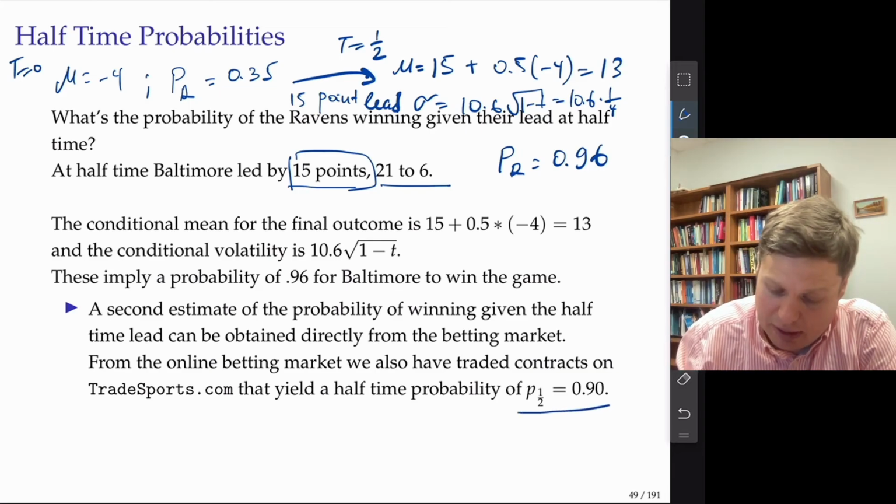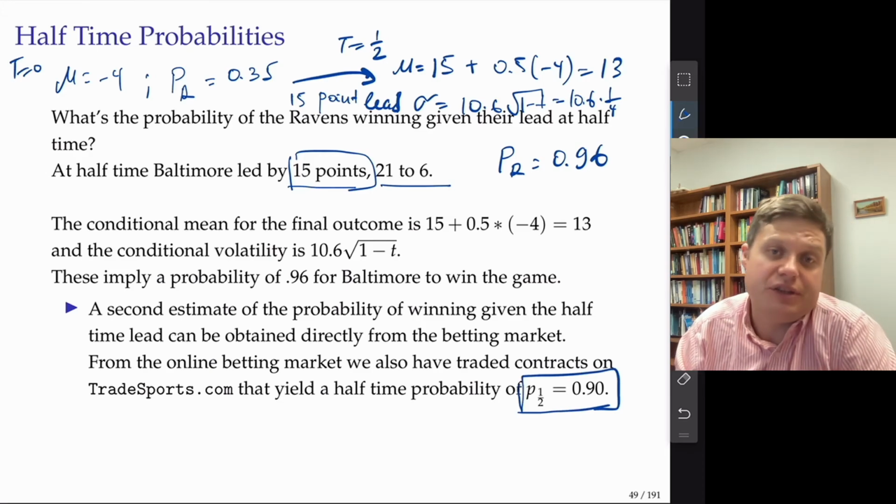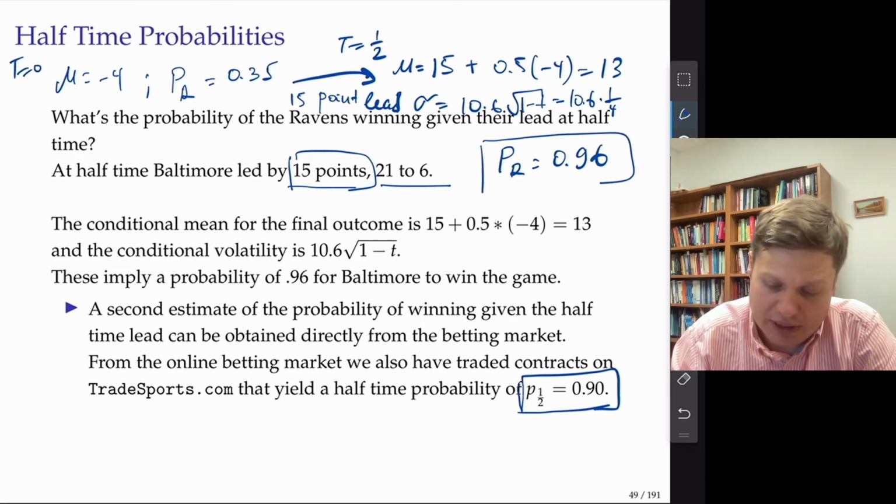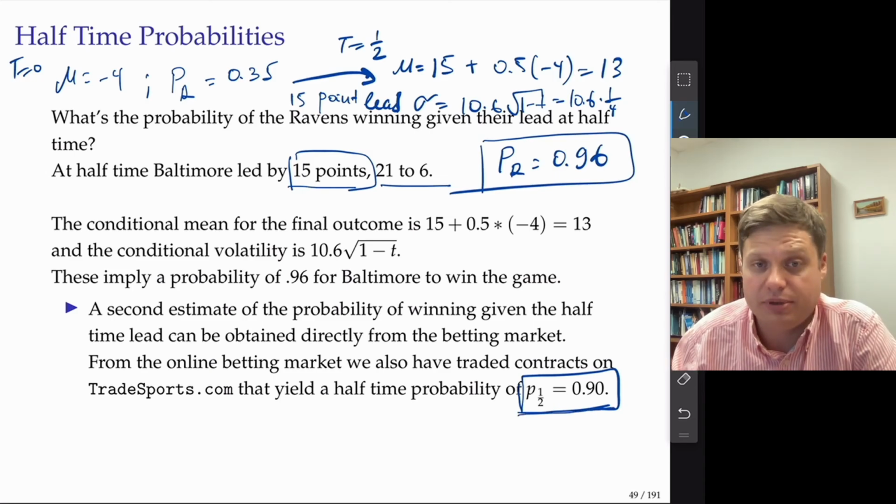So looks like the market had a somewhat inefficient estimate of the winning probability. Our model predicts 96% chance of winning, and the market thought it was 90% chance of winning. So it looks like the market was a little bit slower to update probabilities, not fast enough catching up.